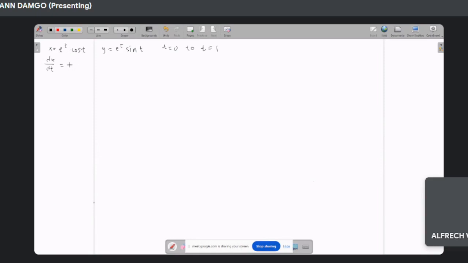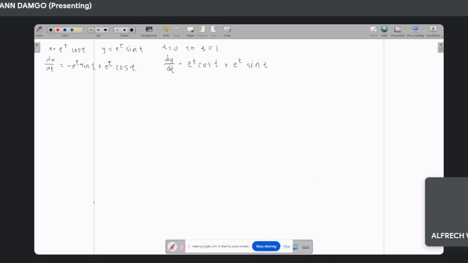This is equal to negative e to the t sine t, kay derivative of cosine t is negative sine t, plus cosine t times derivative of e to the t is e to the t cosine t. Okay? For y, we have dy dt. This is e to the t, derivative of sine t is cosine t, plus the derivative of e to the t is e to the t. So we have e to the t sine t.